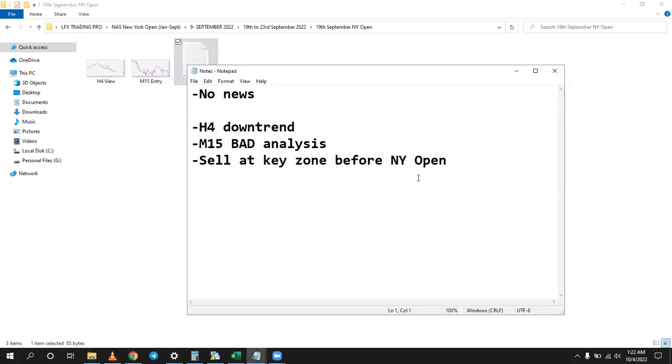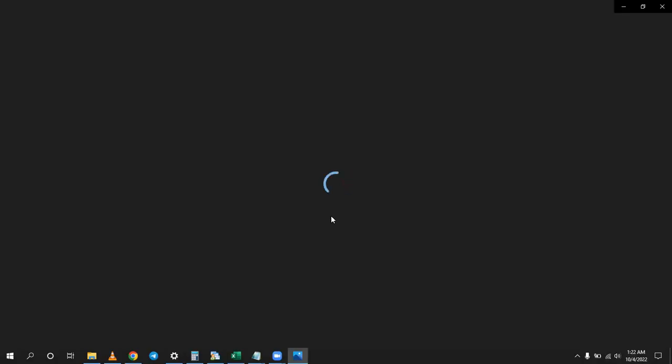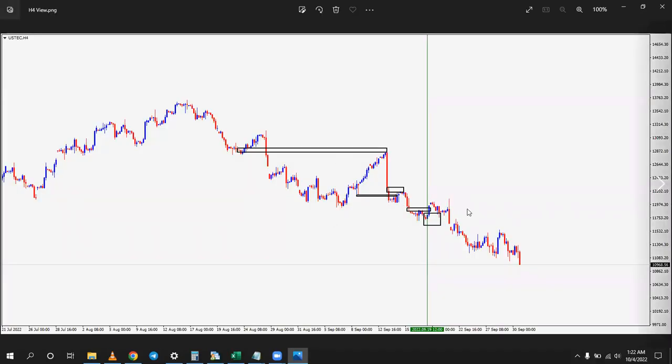Yeah, so now here we had no news. We had a downtrend in our H4 time frame, right? As you can see. Yeah, now notice the downtrend on the left side of this vertical line. That's before the New York Open. Our bias was a downtrend, basically. So meaning we had to look out for sell opportunities in lower time frames.